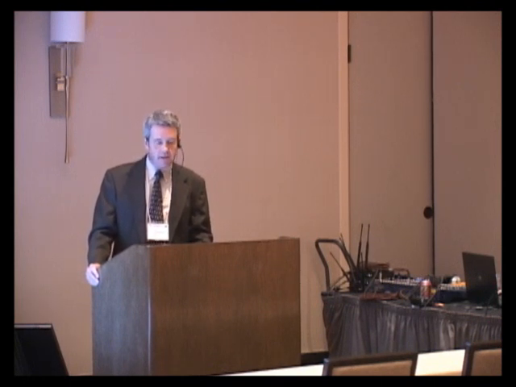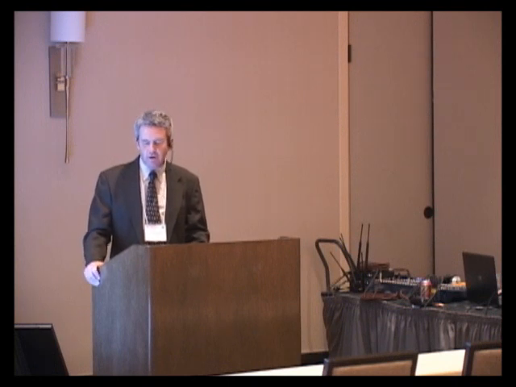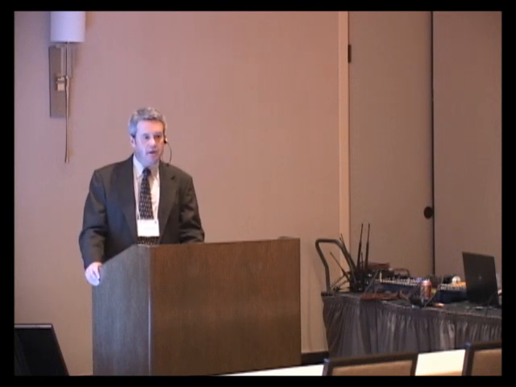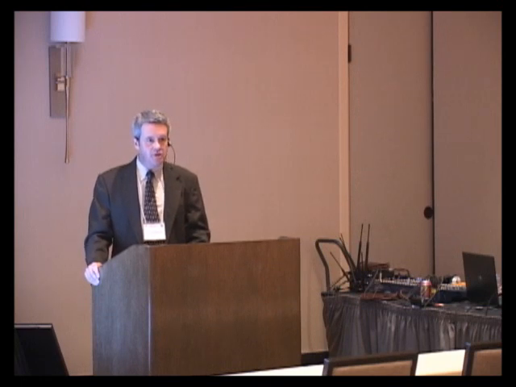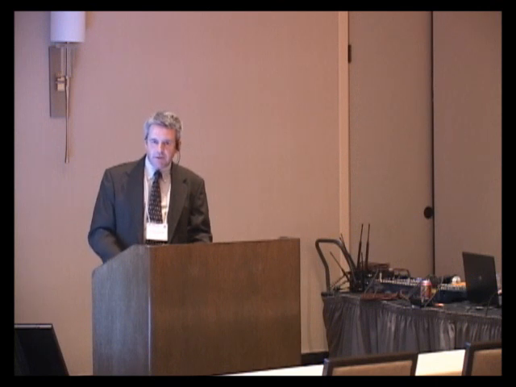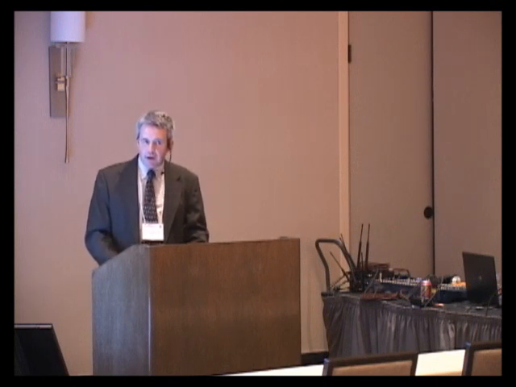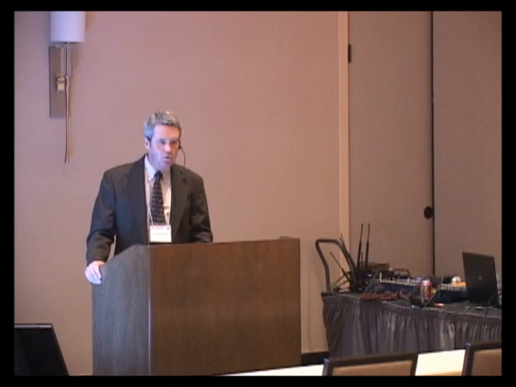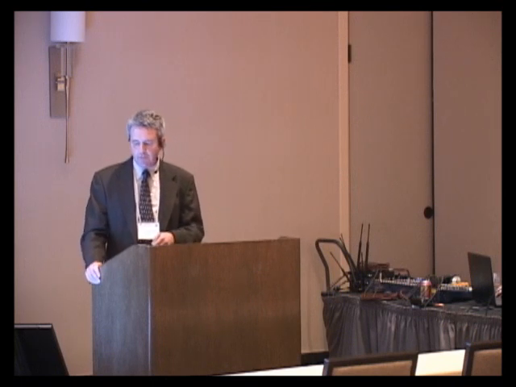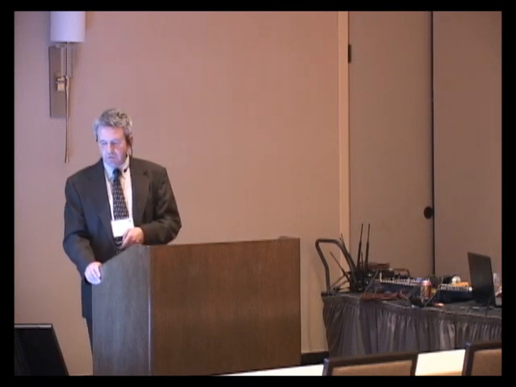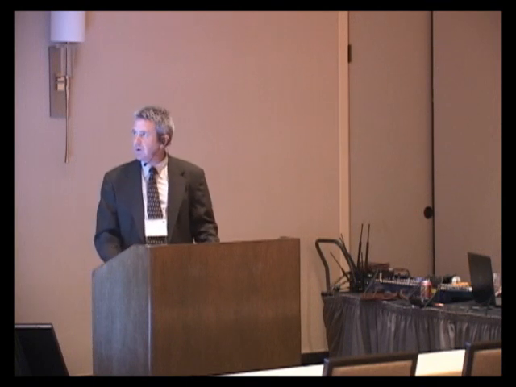There can be segregation distortion, which is a phenomenon where you can see increased transmission of the trait from affected males to their sons, so some unusual sex ratios in families. There appears to be the presence of complex inheritance in some cases where more than one locus is interacting to produce the phenotype. And that's certainly true in an animal model that I'll show you, but it appears to be true or potentially true in humans as well.